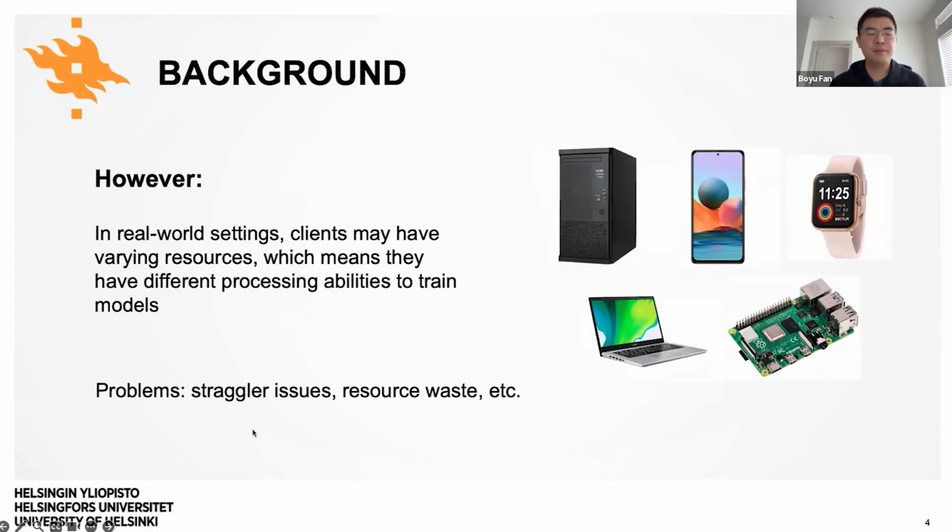One of them is the straggler issue, which means the fast one always needs to wait for the slower one. The server also needs to wait for all of them because conventional FL assumes we do the aggregation once all the updates are collected. This also leads to another problem like resource wastage.